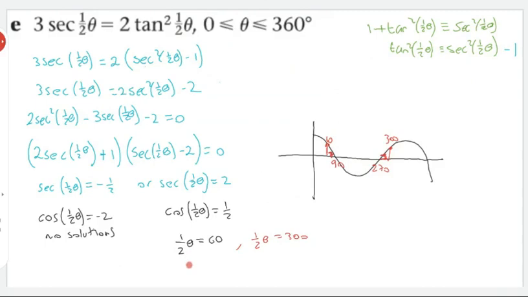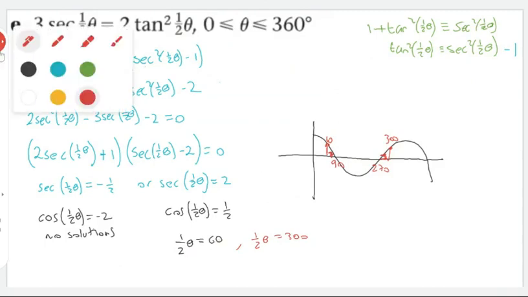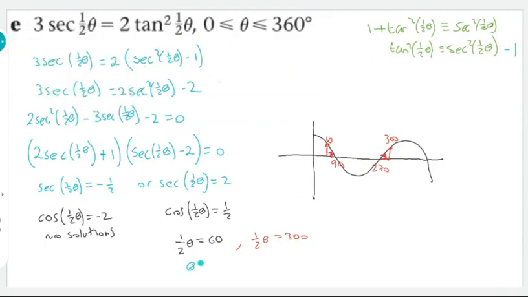But in actual fact, when you multiply them both by 2 at the end, you get theta equals 120 and theta equals 600. So this one's not in the range. So the only solution that you have is theta equals 120.